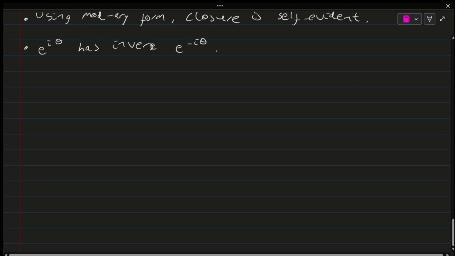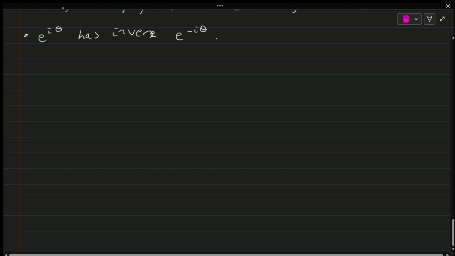Finally, we're going to look at 2 groups which have an important property, which is that they don't commute. So first we're going to look at a group of matrices called M2R. This is the set of 2 by 2 matrices with entries in R, so entries which are real numbers.